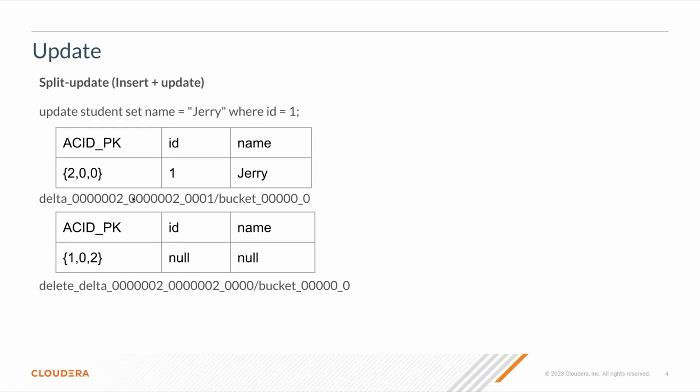Now we have to insert the new updated value which we have given in this query. So for this, the new transaction ID is 2. As it's an insert, this will be the original for this. So 2, 0, and 0. And the updated name is written here. So this is how update happens.